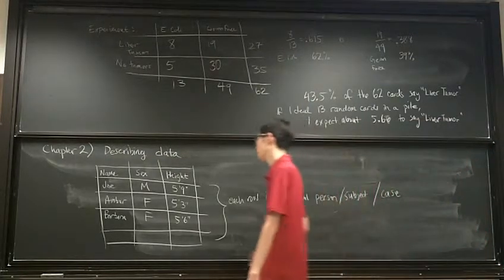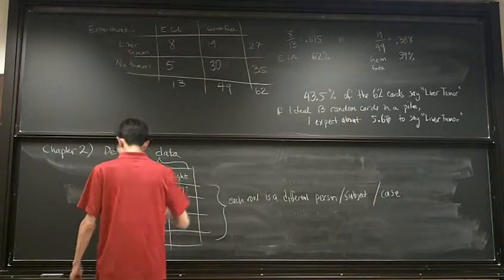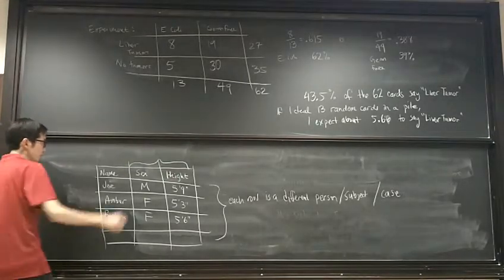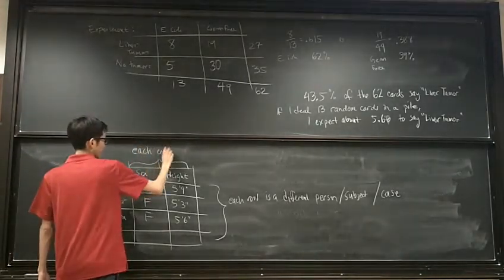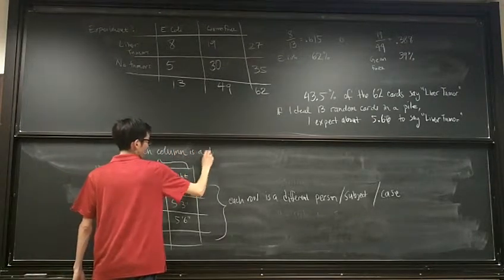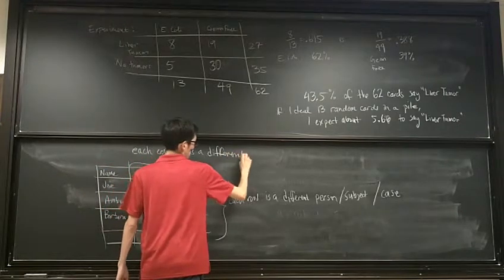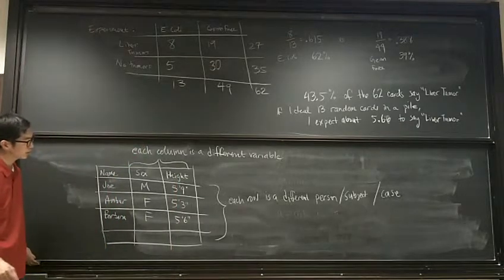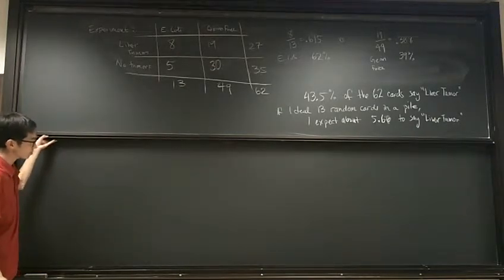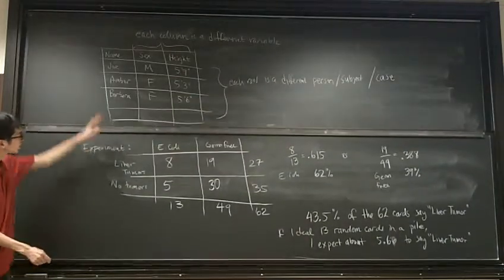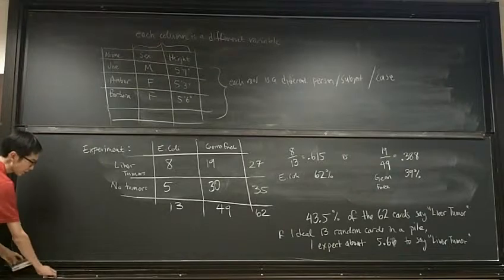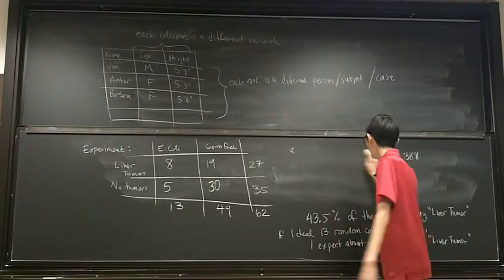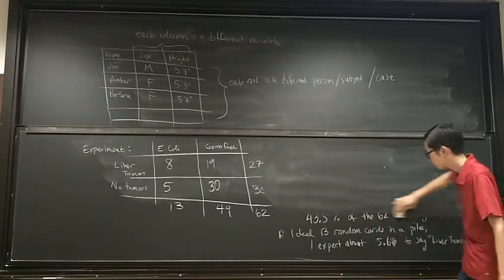Each column is a different variable. People might collect data in different ways, but this form of collecting data is generally the most flexible in that you can increase the different variables that you are gathering for each person.